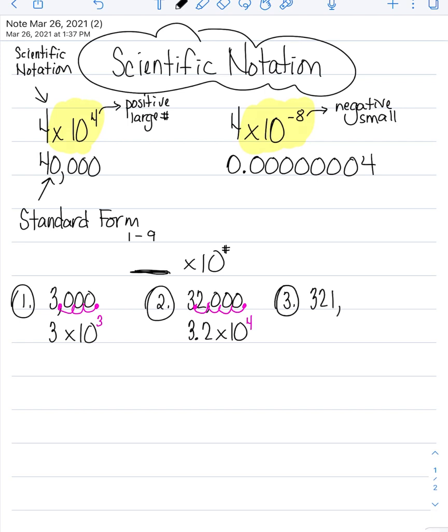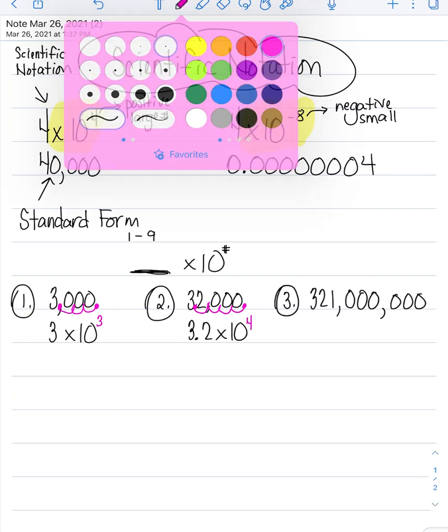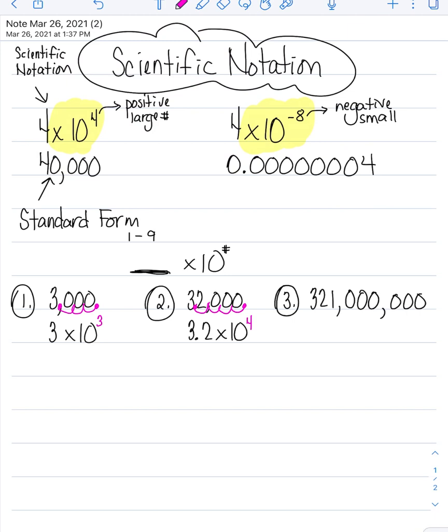So I want to write 321 billion in scientific notation. Let's look at where we're going to move decimals. Our decimal is here. We want to move it here. So this is going to be 3.21.